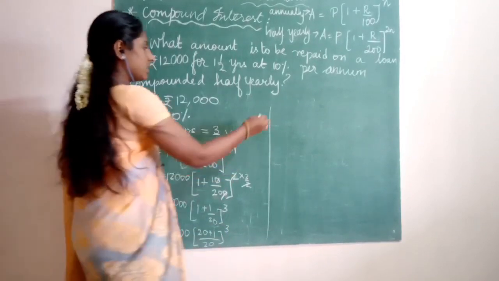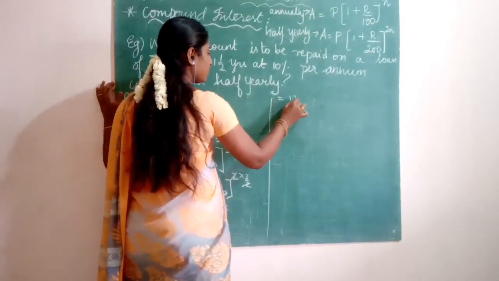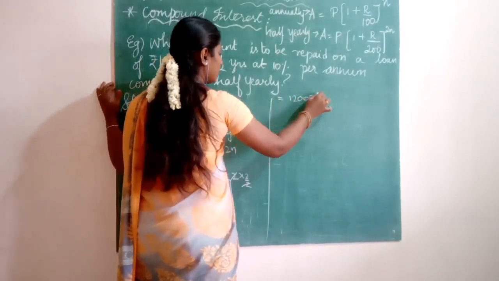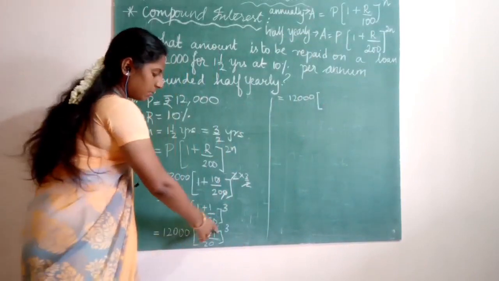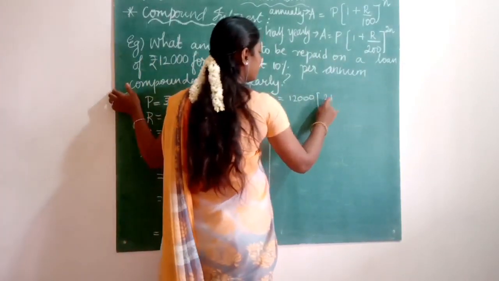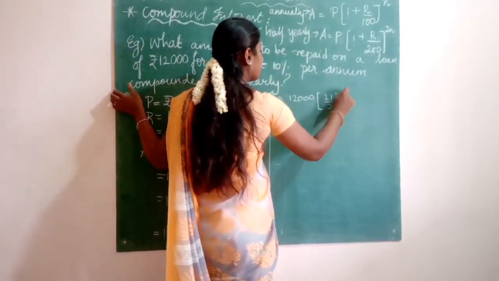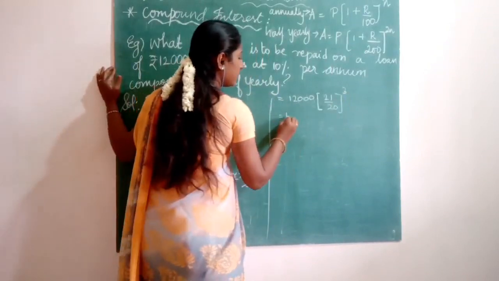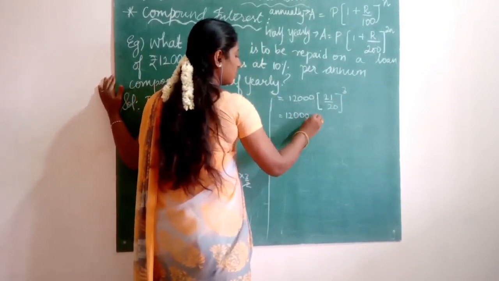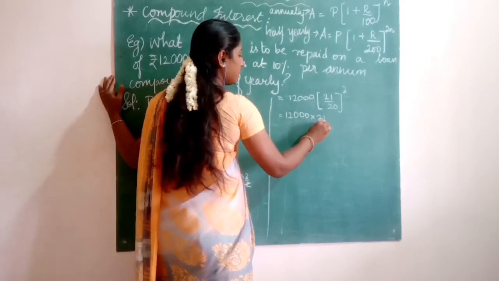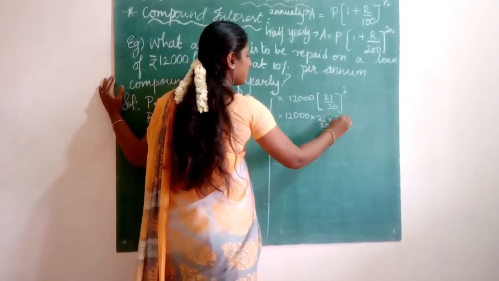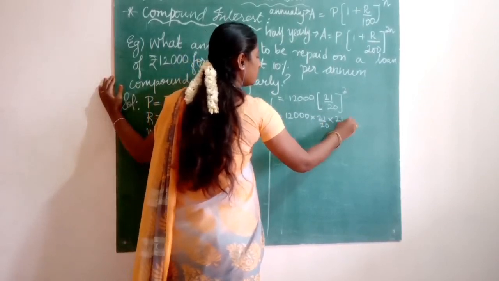And that is nothing but 12,000 into 20 plus 1, 21, 21/20, the whole power 3. And this one you can write as 12,000 into 21/20 into 21/20 into 21/20.